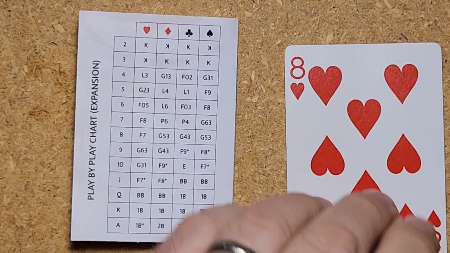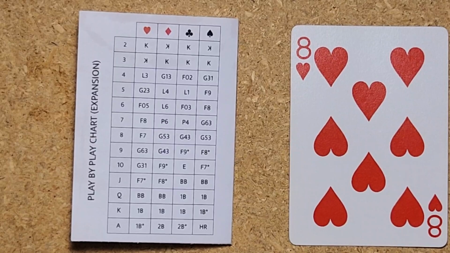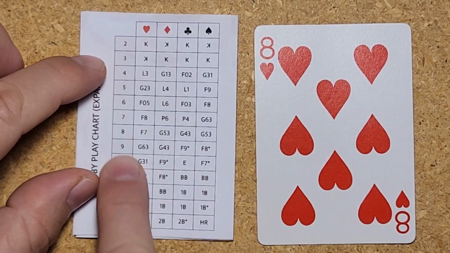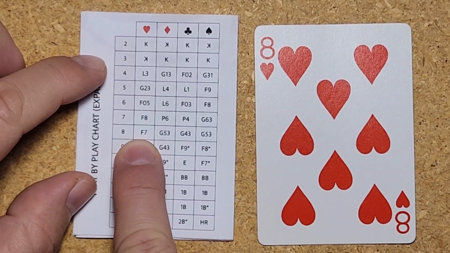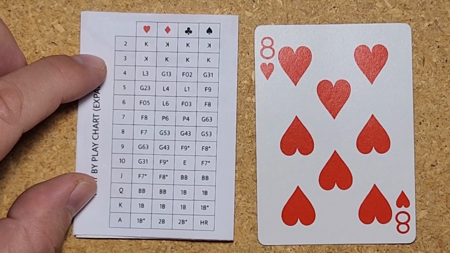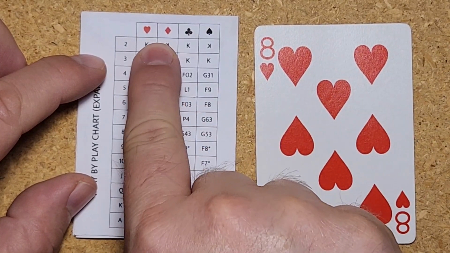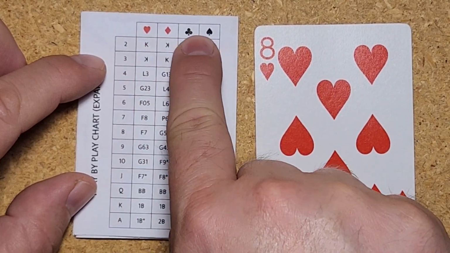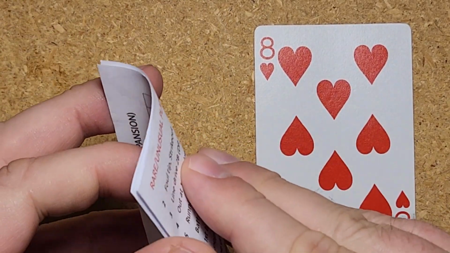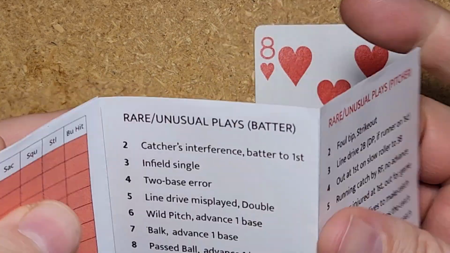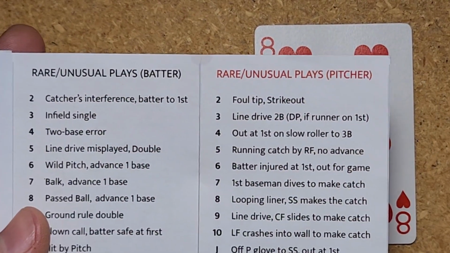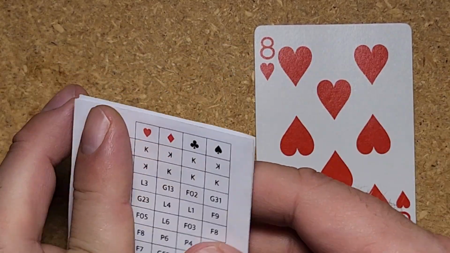And the way that we read the chart is, let's just pull a card. Let's say our card is an 8 of hearts. So we're going to look at the hearts, and we're going to cross-reference the 8. And as long as there are no pitcher adjustments, because pitcher adjustments are made on the red, batter adjustments are made on the black, which you can see are also color-coded here, so red and black, the pitchers and the batters.